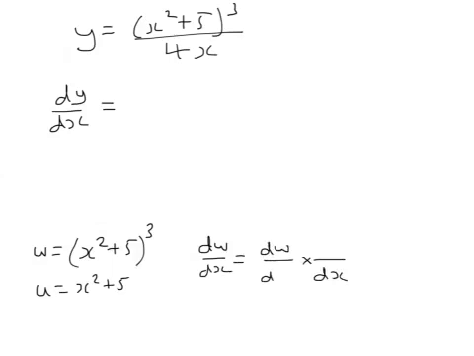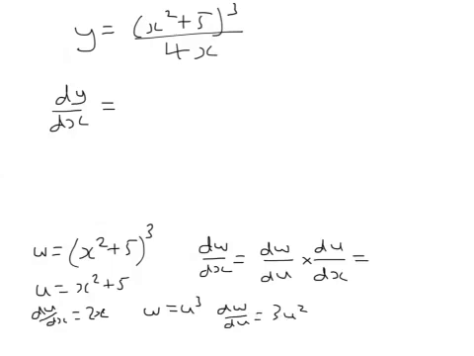Let's put the u in here. So if u equals x squared plus 5, du by dx equals 2x. And we've got w equal to u cubed, so dw by du is 3u squared. So dw by dx is 3u squared times du by dx, which is 2x.